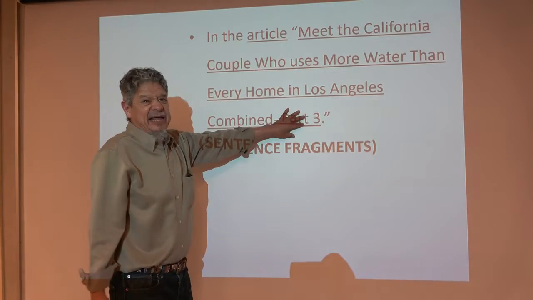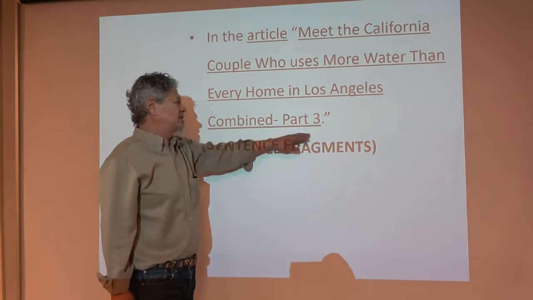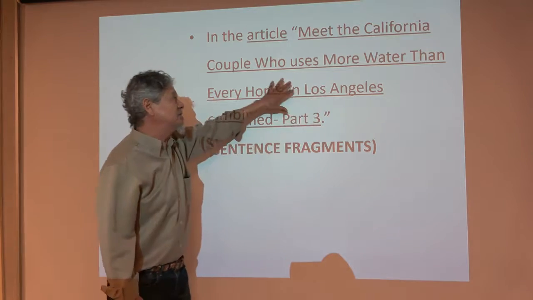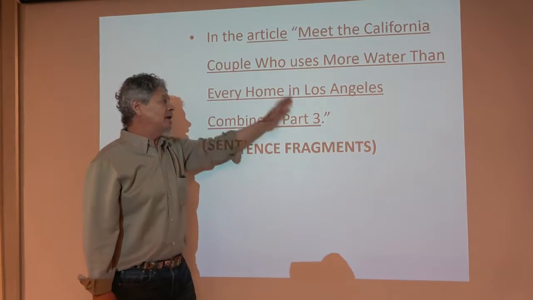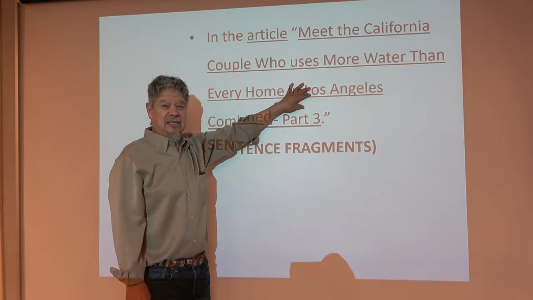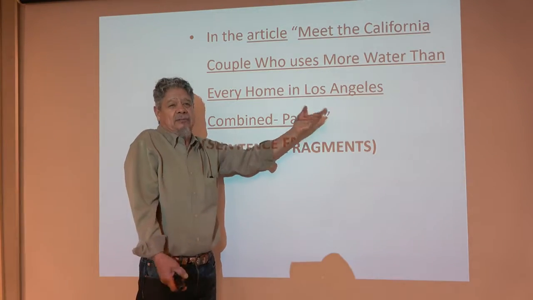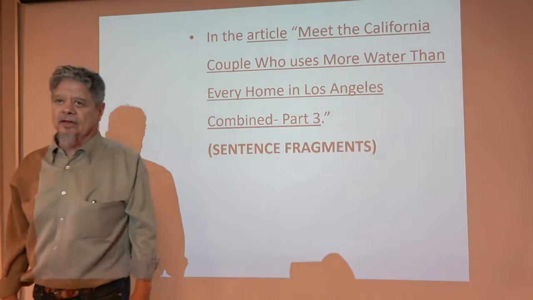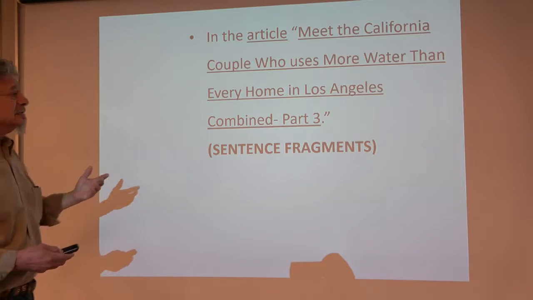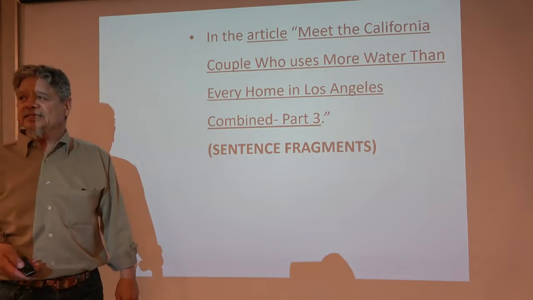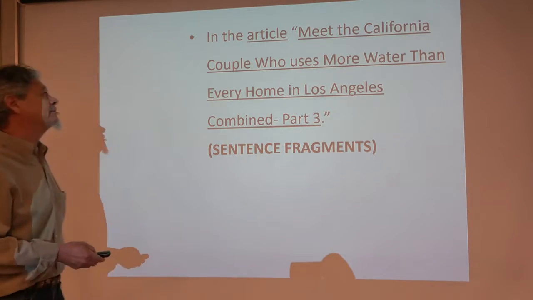Now this is a title, so there would not be a parenthetical. If this was the end of a complete sentence, and it ended with the title of this article, we would not put a parenthetical because it's a title of an article. Okay? All right. So those are my examples of sentence fragments. We're going to practice how to fix them today.